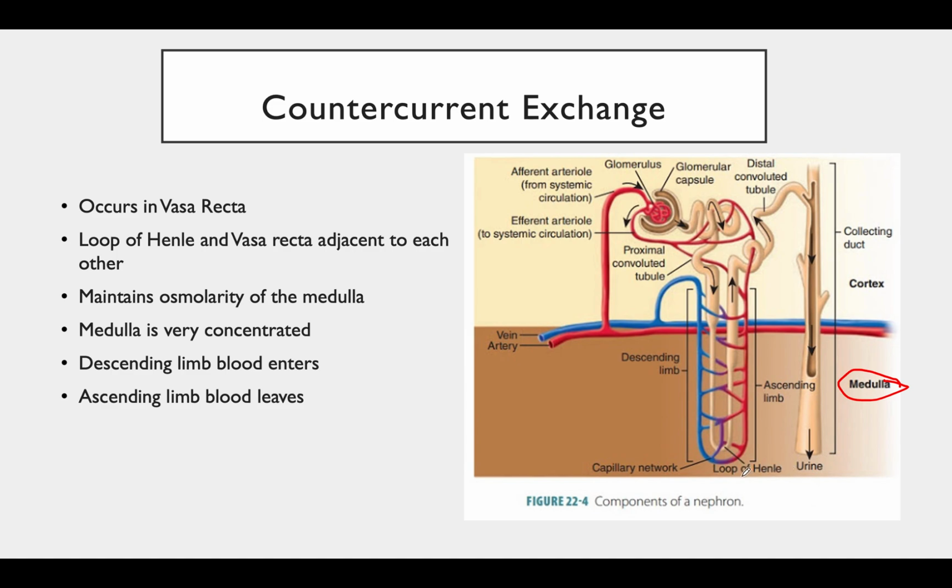You can see right here that we have the vasa recta, and then it's adjacent to the loop of Henle. We're going to be focusing on the descending limb, where blood enters, and then the ascending limb, where blood is released.